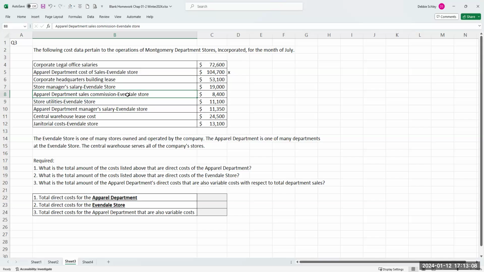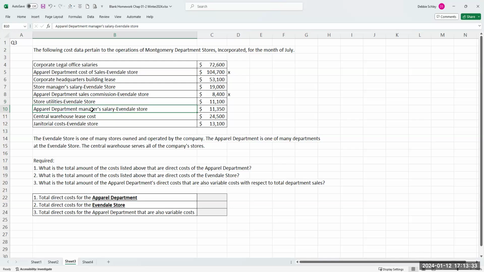Apparel department sales commission for the Avondale store. Okay, that can be directly tied back to the apparel department. Store utilities for the Avondale store. Well, that's direct for the whole store, but that is indirect for the apparel department. You can't divide out what utilities were used by one little corner of the store.